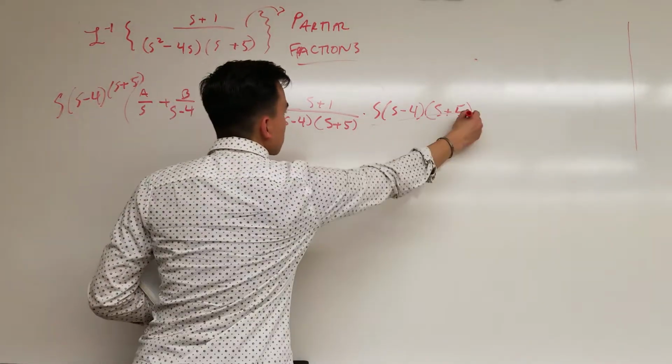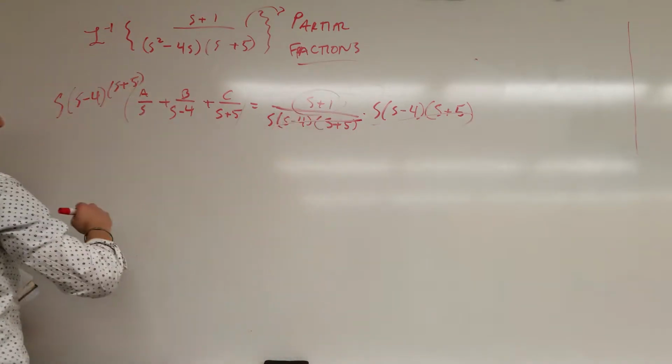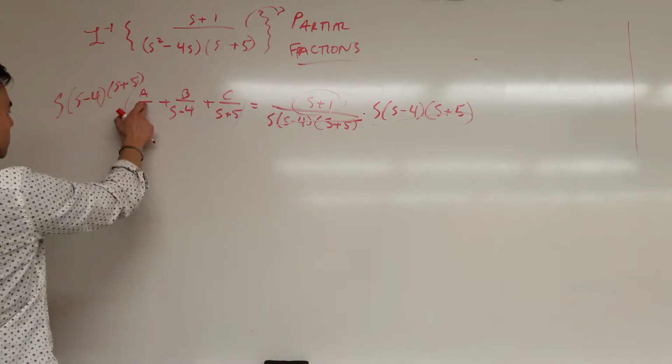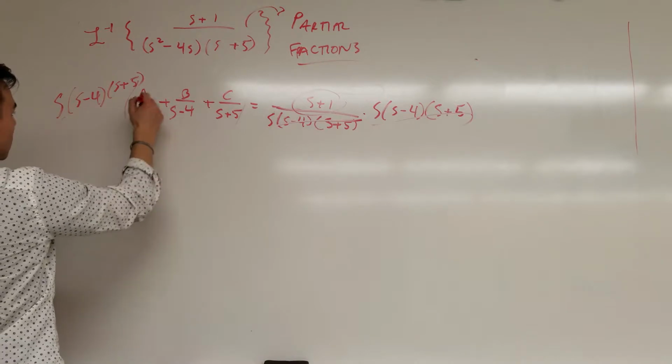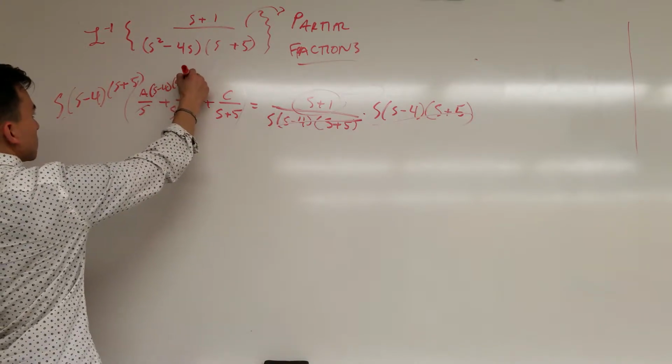And this will cancel that out, and I'm left with this, s plus 1. And if I were to multiply this whole thing to this term, my s will cancel out, and I'll be left with A times s minus 4 times s plus 5.